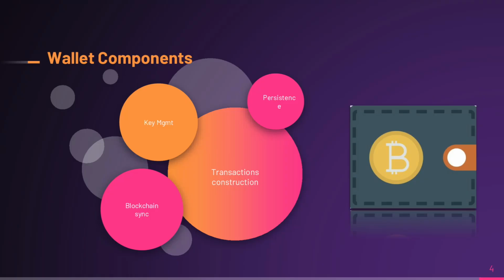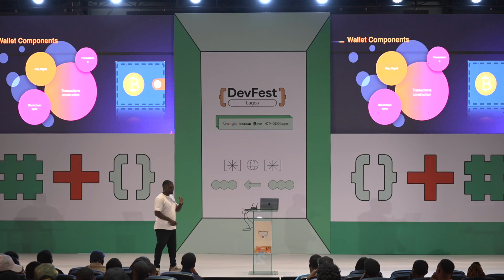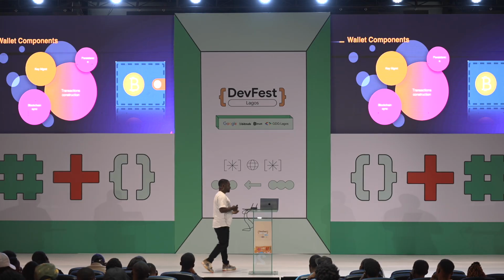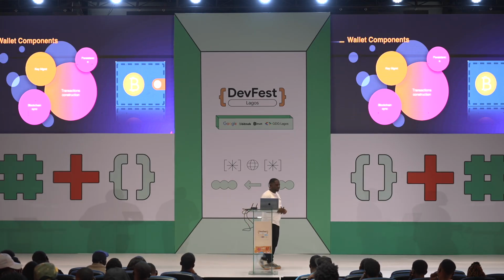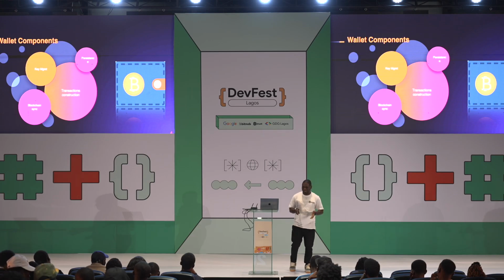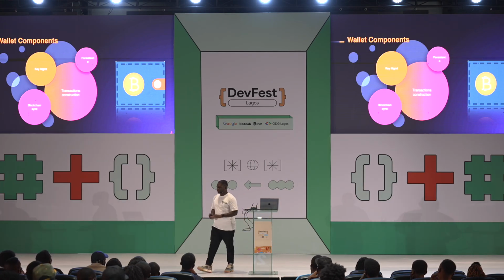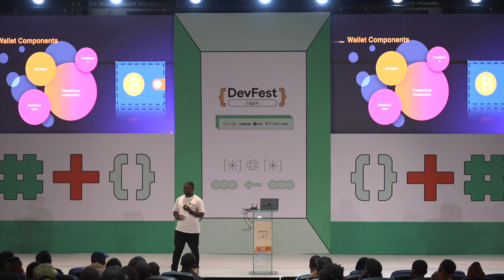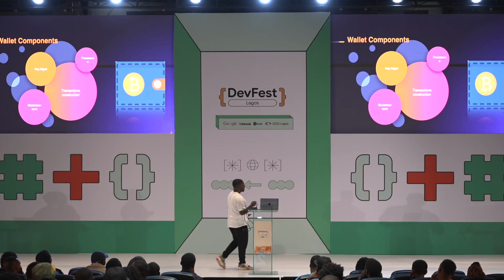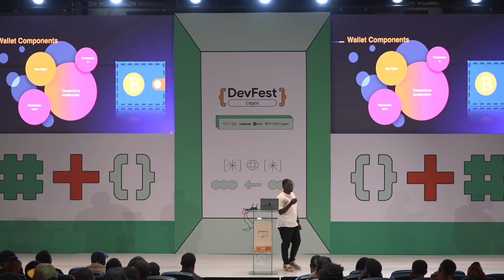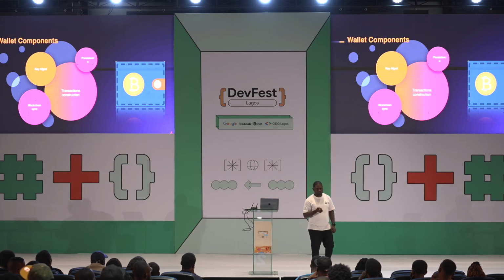So a wallet, we're talking about a Bitcoin wallet. I have not built an Ethereum wallet or any other wallet, so I'm referring specifically to a Bitcoin wallet. A Bitcoin wallet, what is it? A wallet comprises different components, but it's just a piece of software that helps you know the value of Bitcoin you hold.